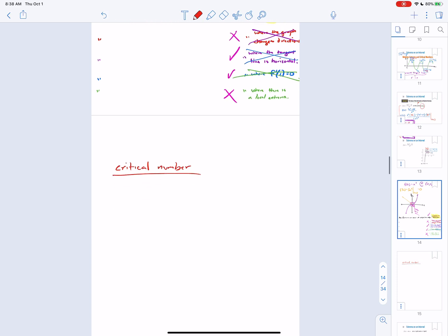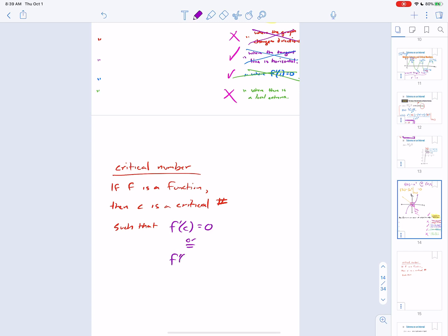A critical number: if f is a function, then c is a critical number such that f prime of c equals 0 or f prime of c is undefined.